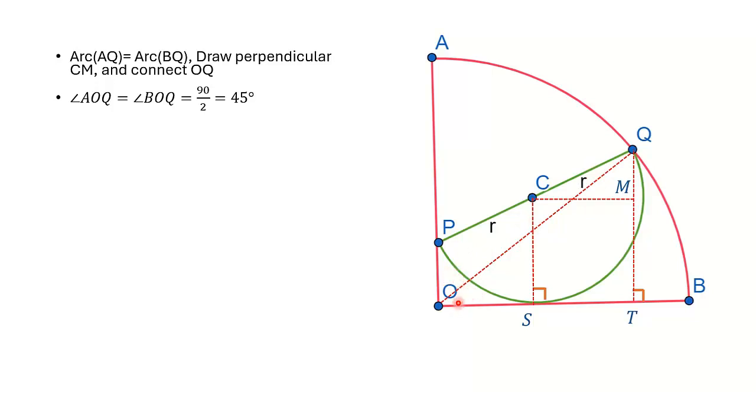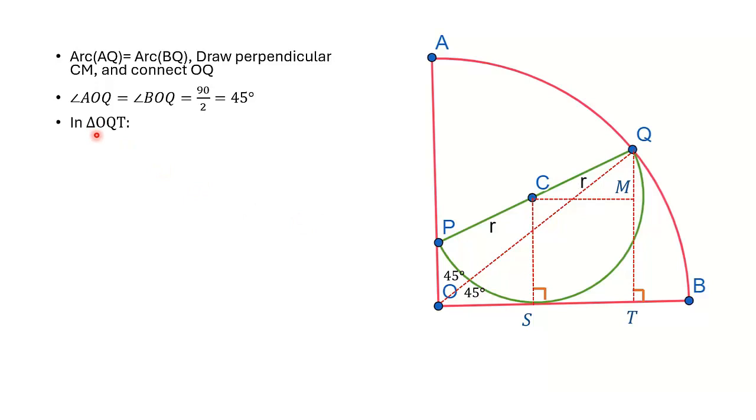But the total is 90 because this is a quarter circle. This means this is 45 and this is 45. So AOQ is equal to BOQ, and both are equal to 45 degrees.